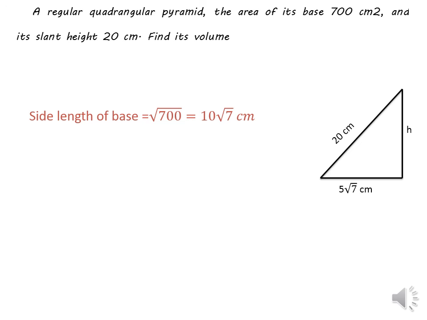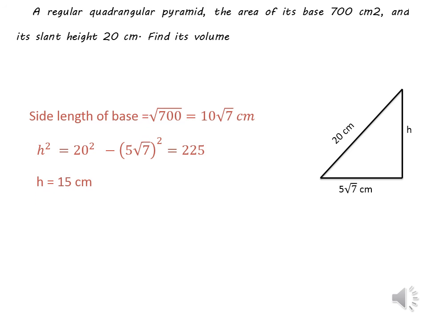So the first side, which represents half the base, equals 5 root 7, and the slant height equals 20. We need to find the height using Pythagoras. Height will be the square root of 20 squared minus (5 root 7) squared, which equals 15 centimeters.